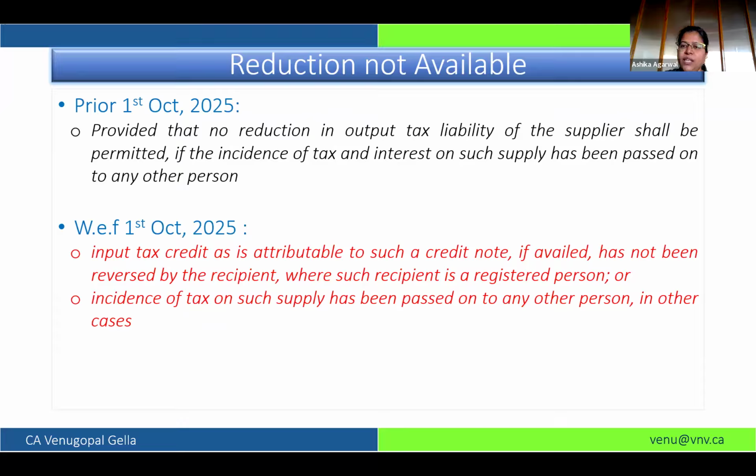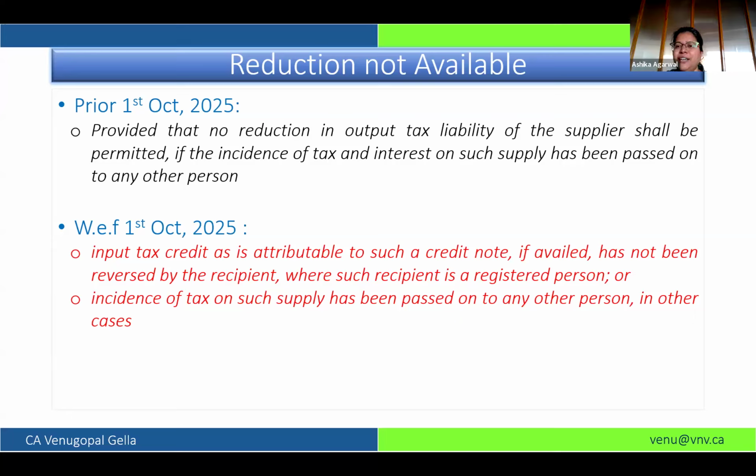And accordingly, they brought in a circular where they said, you get a certificate from a CA or get a certificate from your recipient. Below 5 lakh, above 5 lakh was the monetary condition they gave. Get that they have reversed the ITC, irrespective of the fact that the credit availability is now based on 2B. So if I have declared a credit note in GSTR1, in 2B it will be reflected net only, so my recipient can't claim.